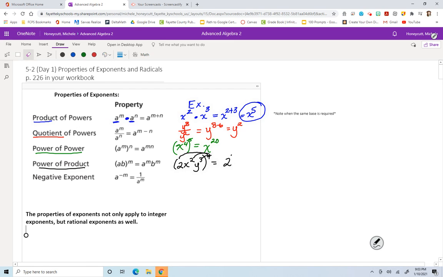So I would have 2 to the 4th, x to the, I'm still multiplying here, 2 times 4 would be 8, and then y cubed to the 4th is y to the 12th. Then 2 to the 4th is 16, so this is equal to 16 x to the 8th y to the 12th power.